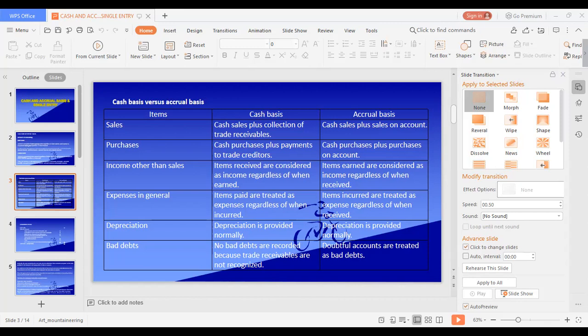So we are now computing for the net income during the period. We are given the amount of net income of 1.2 million. Then we have to prepare an income statement. So net income 1.2 million, then we have your total sales, 6.5 million.